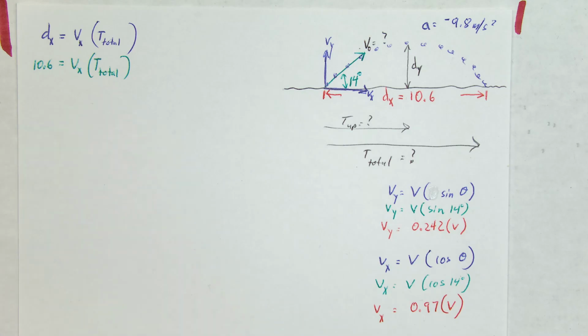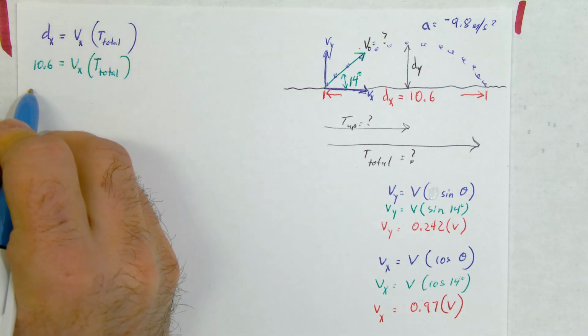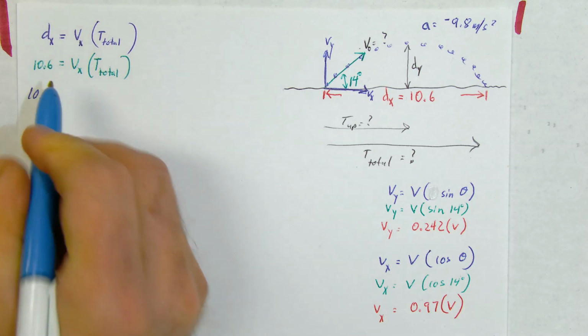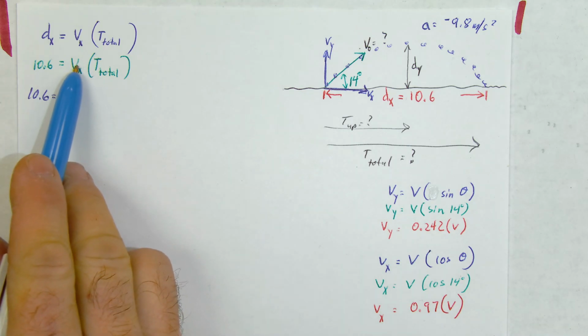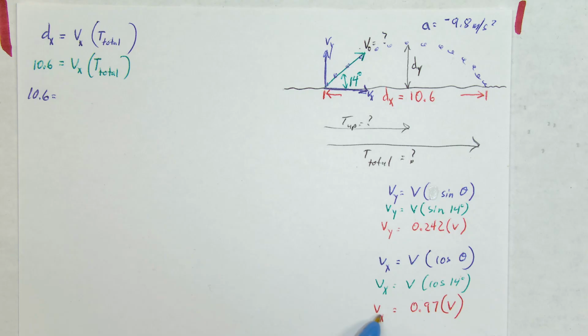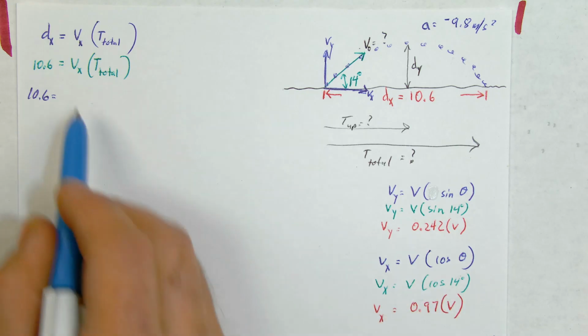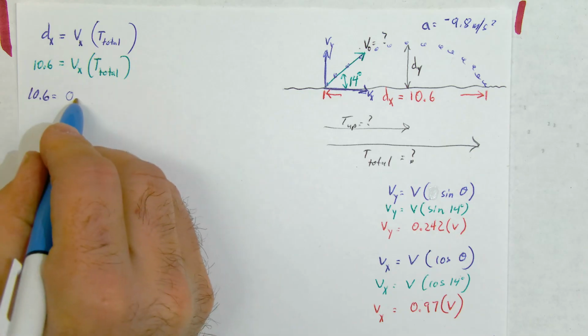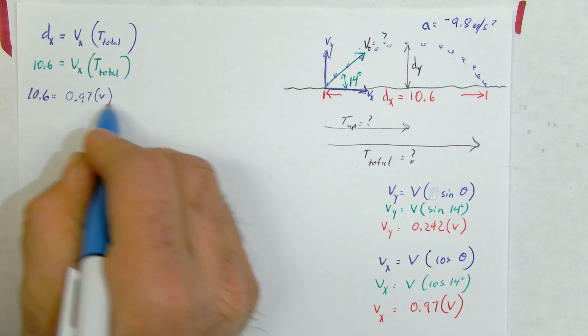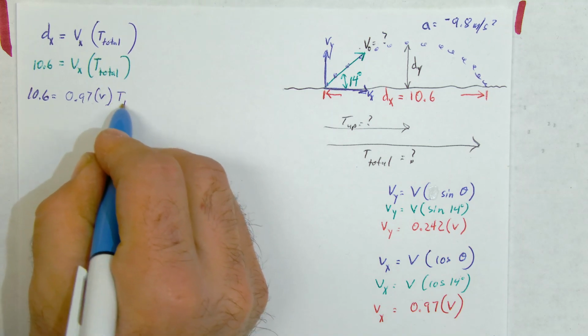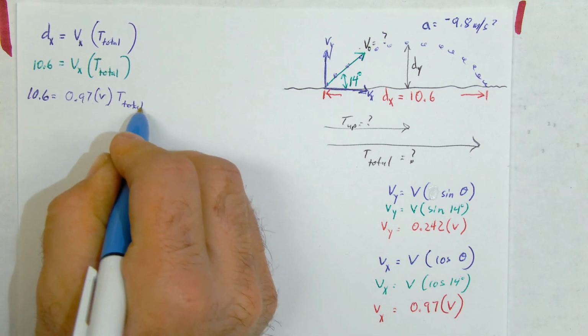We're going to say 10.6, and then in place of Vx, this is Vx here, so this thing right here can be substituted in for Vx. We can say 0.97 V times T total.